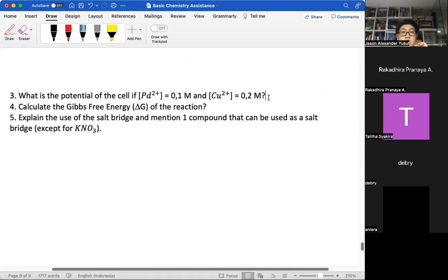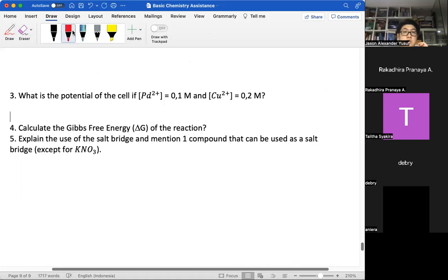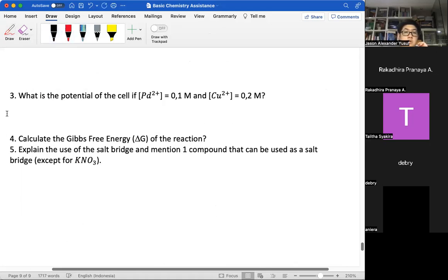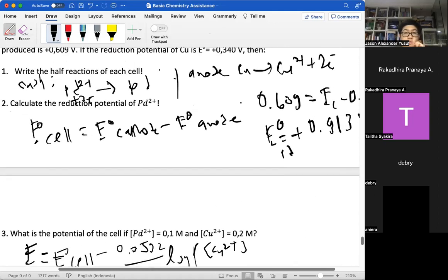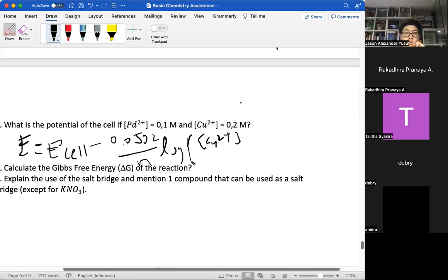In order to calculate the cell potential when it is not under standard conditions, we use a special equation known as the Nernst equation: E equals E standard cell minus 0.0592 over n log of Cu over Pd2+.